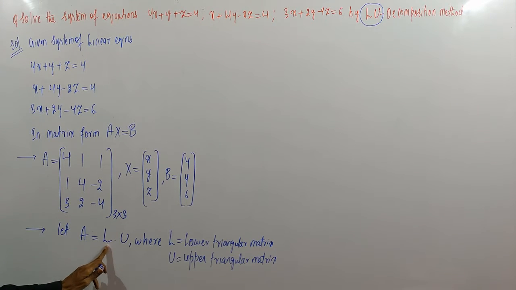The product of this lower triangular matrix and upper triangular matrix is taken as A.